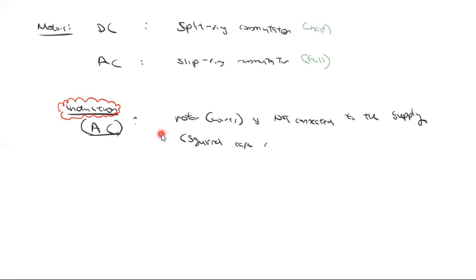But the point is, it's not connected to any sort of power supply. So you've got your rotor in the middle, and literally there's wires there, but it's not connected to anything. And what we basically do is we create a rotating magnetic field.